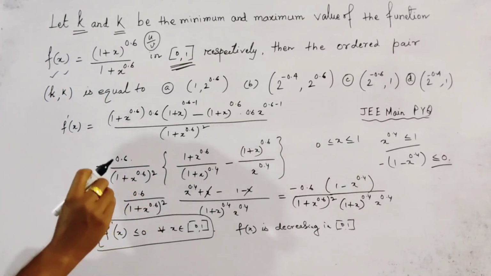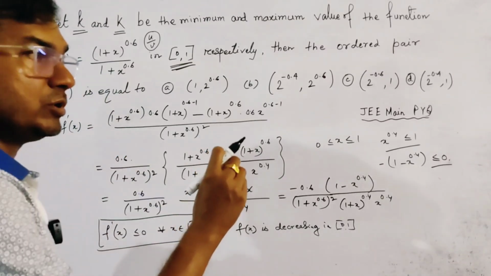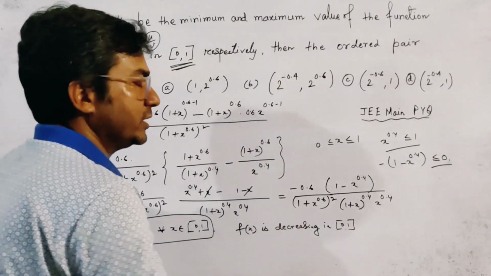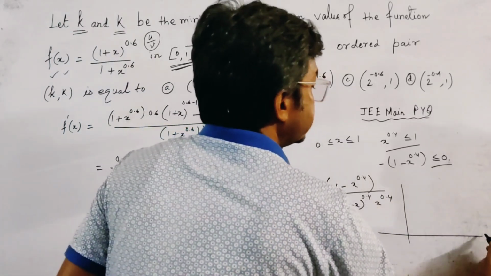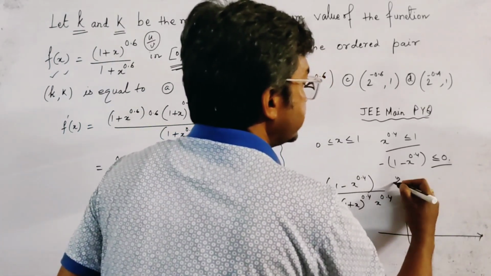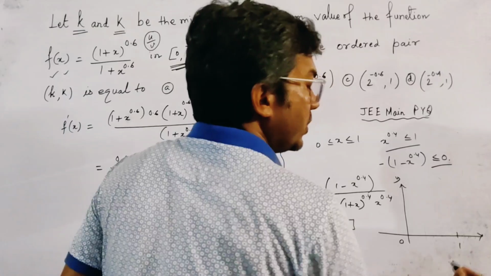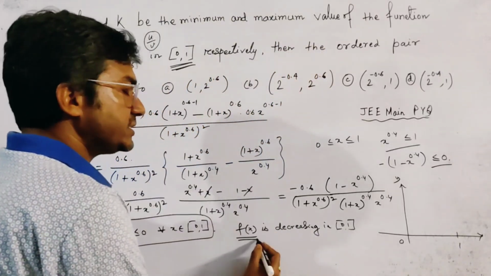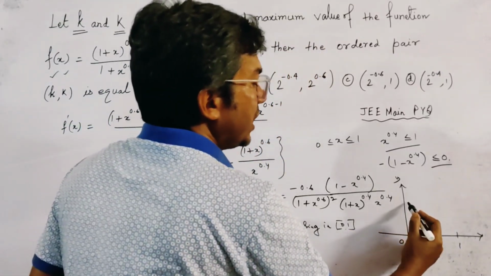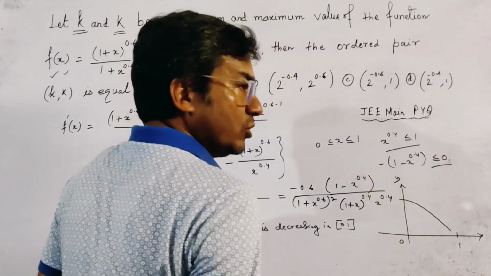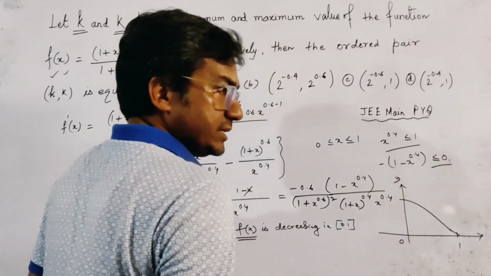Now if we try to draw a curve which is decreasing in [0, 1], let this is the x-axis and this is the y-axis. Clearly this is 0 and this is 1. And since f(x) is decreasing here, the curve must be like this. This is decreasing.